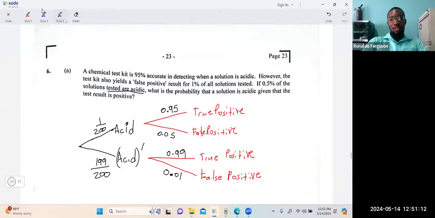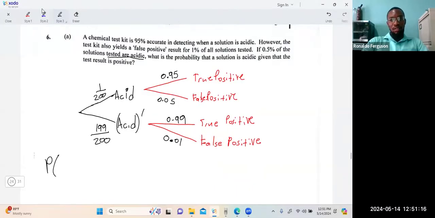Now, what's the probability a solution is acidic given that the test result is positive?